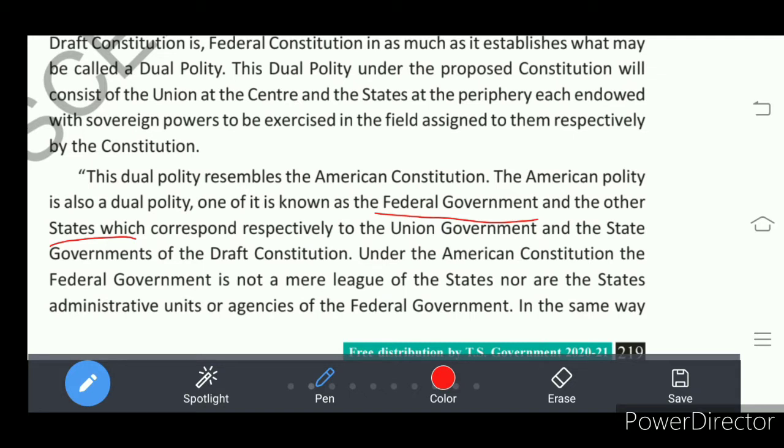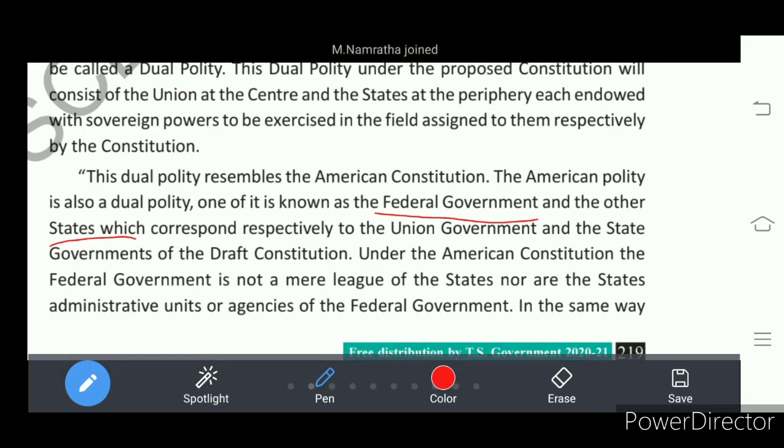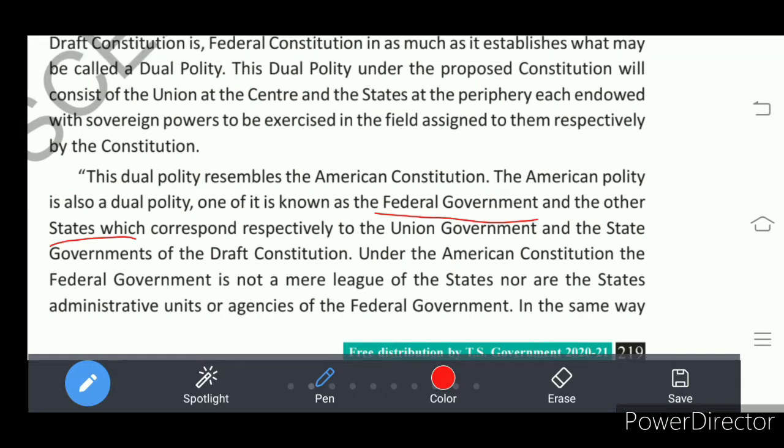In India, at the national level we have the union government at the central level, where the prime minister is the head of the government. At the states level we find state governments. KCR is the chief minister and head of the Telangana state.